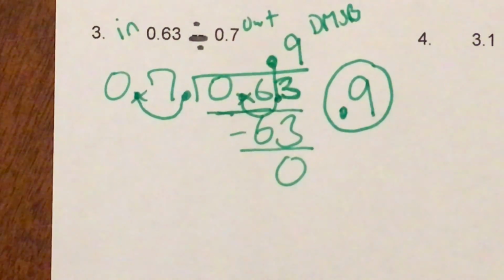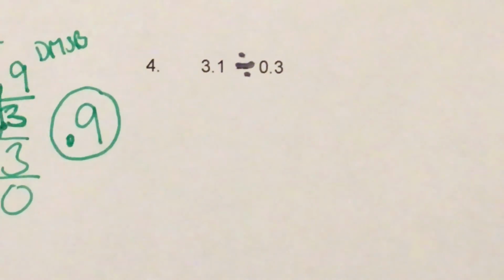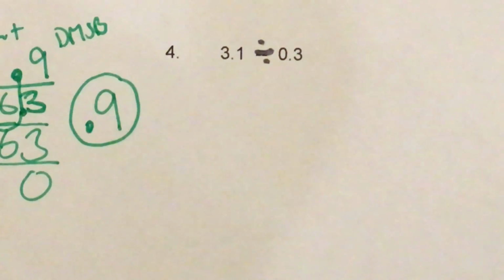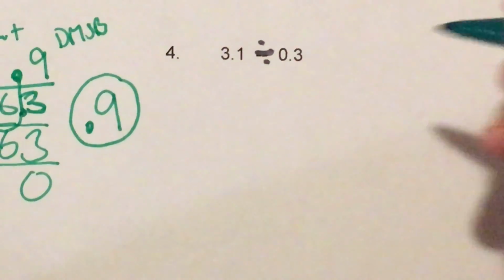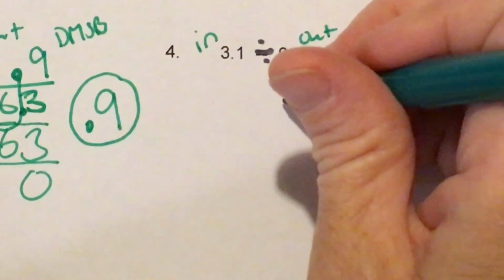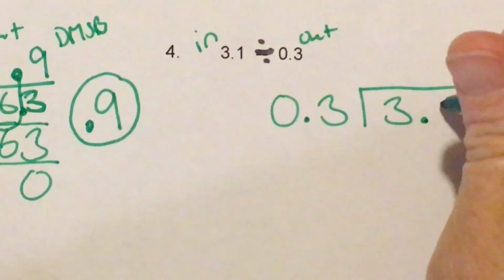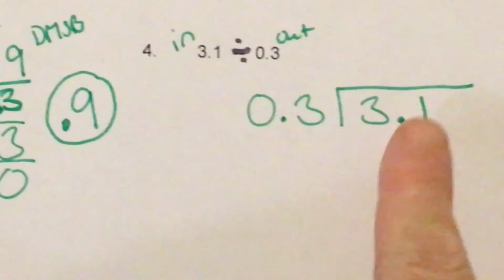Okay, I know tonight we're doing a lot together because this is kind of a tricky concept. So here is our last one, and this one's a little bit tricky. Okay, same rules or steps though. Step 1, I'm going to set it up. And remember, in and out's a great thing to help you set it up correctly. So it's set up. Step 2, yep, there's a decimal there.